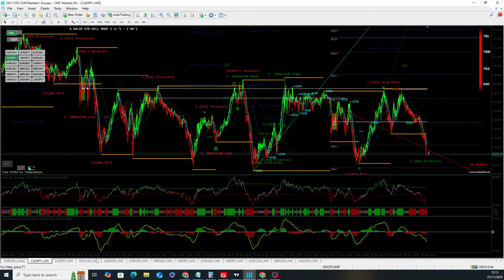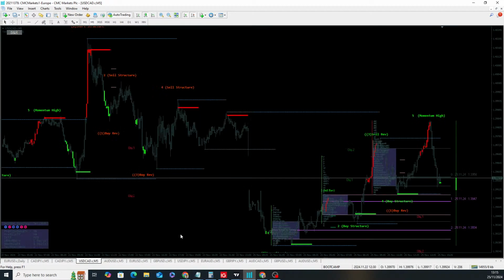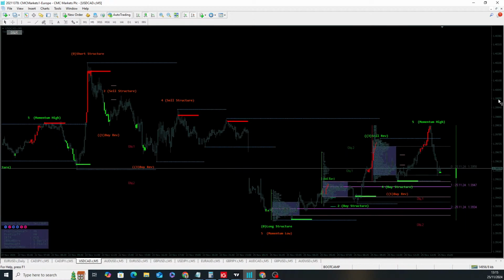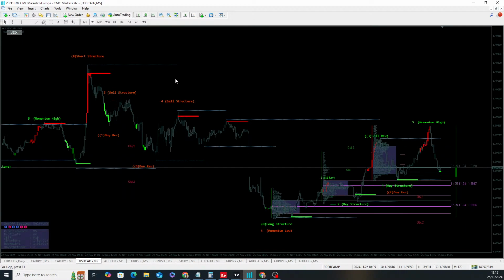We have all the pairs here. I'm just going to analyze them one by one. We have the US dollar, Canadian dollar. The idea for the dollar CAD is for price to come a little bit lower so that we can see a higher lower low below the current fall structure here.